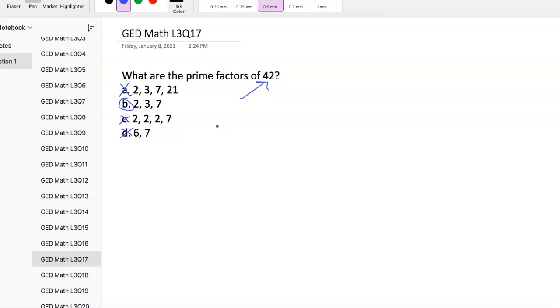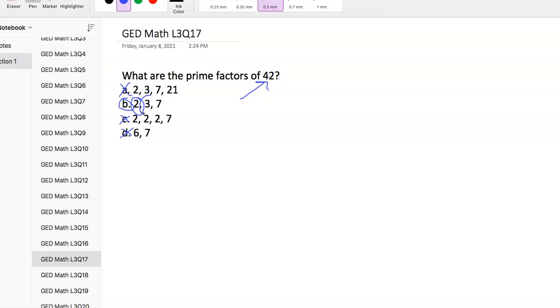But as far as prime factors, it is 2, 3, and 7. So I would like to do this first to eliminate a few of the answers, but then we really go through the nature of it. Is 2 a prime number? Yes.